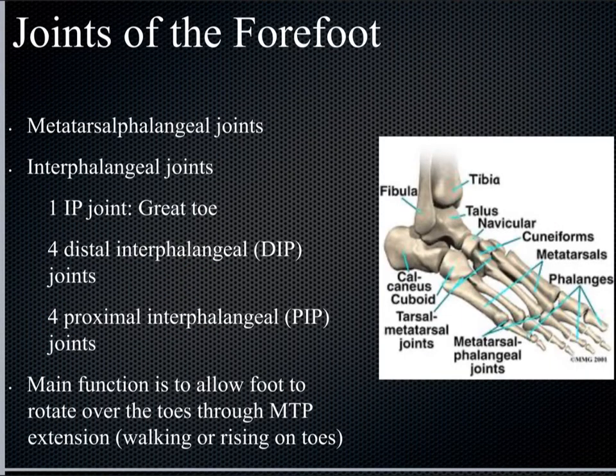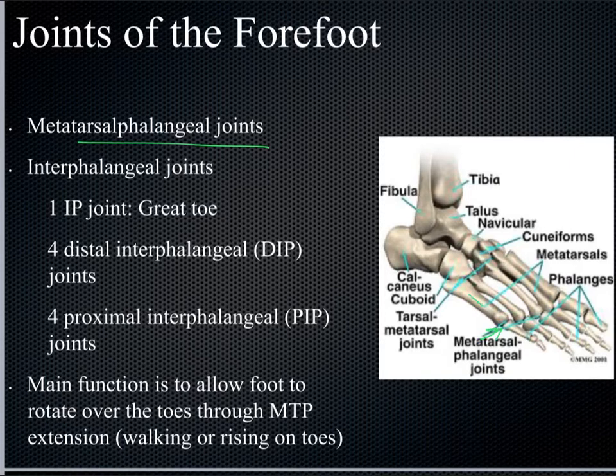Let's take a look at the joints of the forefoot, because just like the joints of the midfoot, these joints are extremely important, or just as important as the midfoot joints. So we have the metatarsal phalangeal joints, which to me, I kind of equate to the knuckles in the hand. So you have your metatarsal phalangeal joints, which essentially represent what?